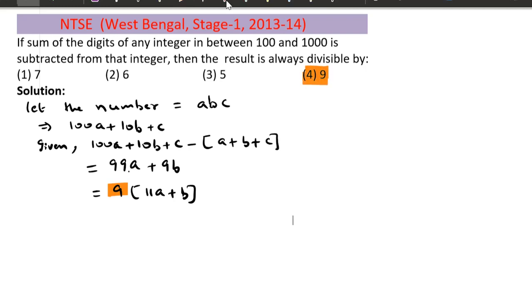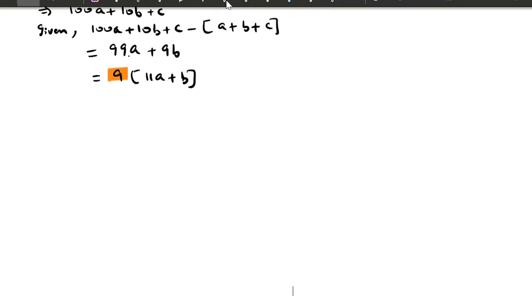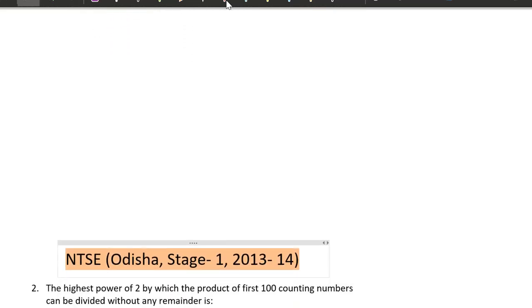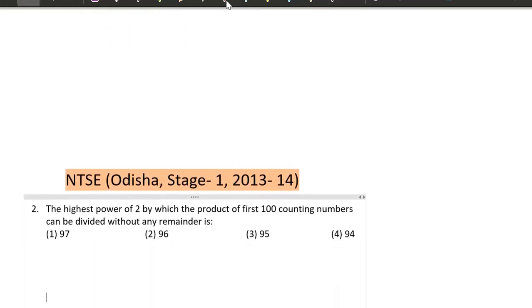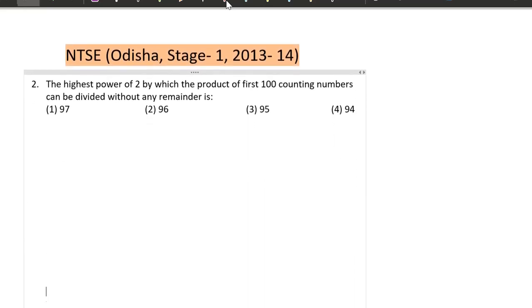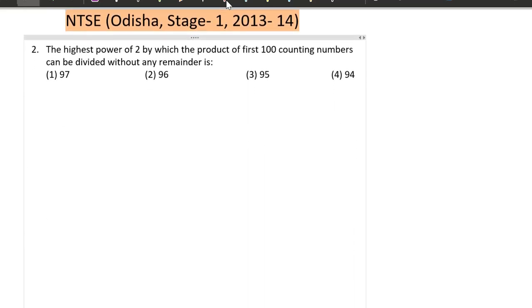Now we will see the second question. That is NTSE Odisha Stage 1 in 2013-14. The highest power of 2 by which the product of first 100 counting numbers can be divided without any remainder is.